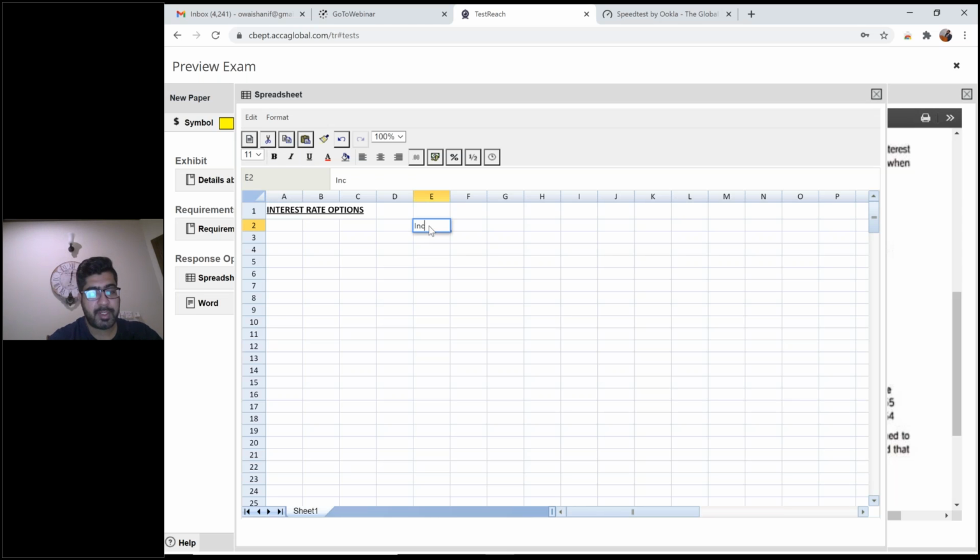First, make a heading of 2 cases: increase by 1.1%, and decrease by 0.6%.